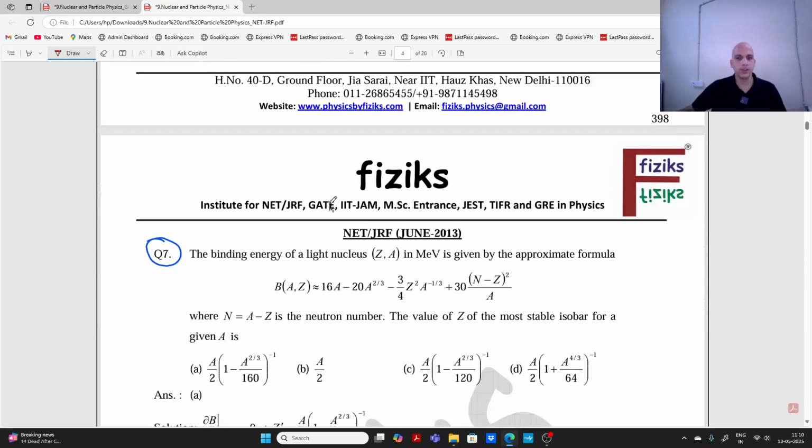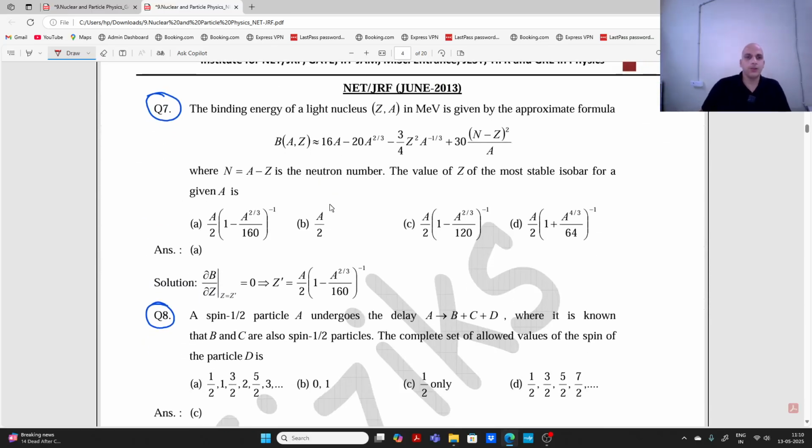The next question is related to the semi-empirical mass formula. The binding energy of a light nucleus in mega electron volt is given by the approximate formula, this one, where N is equal to A minus Z, the neutron number, and Z is the value for the most stable isobar of a given A. Now here we are given the formula.